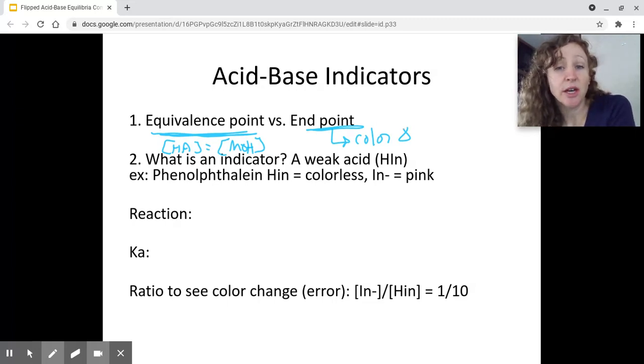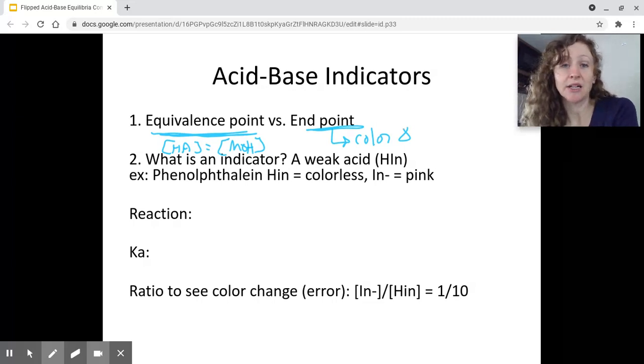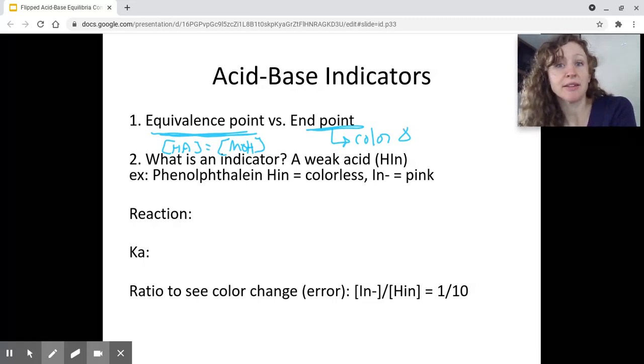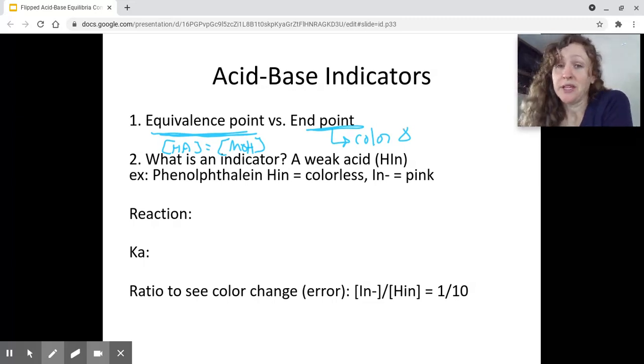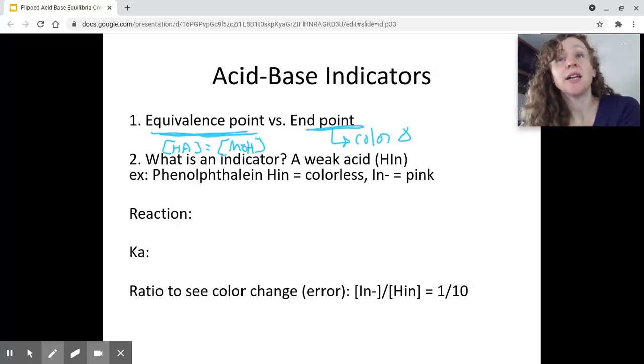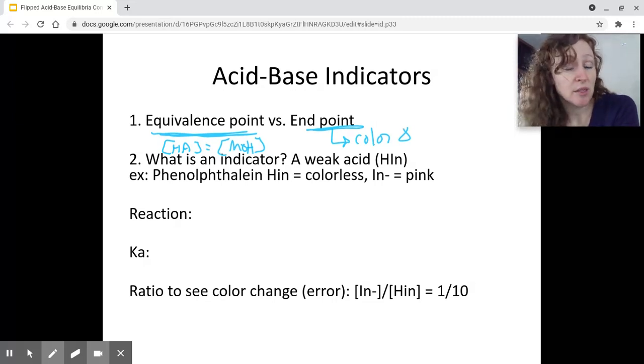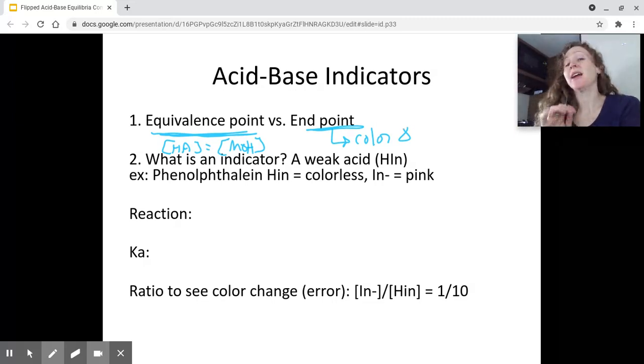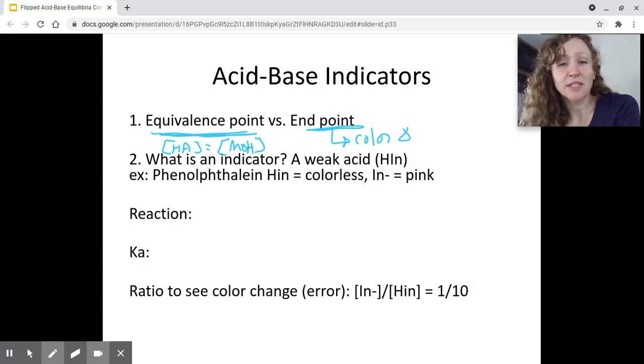But just so that you know, not all indicators change color at the same pH. In the same way, not all combinations of weak acids and weak bases hit their equivalence point at the same pH. So it's kind of a complicated machine that you have to design when you're designing your titration experiment, right?